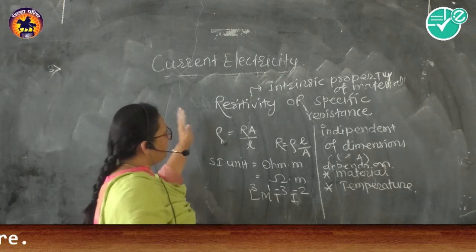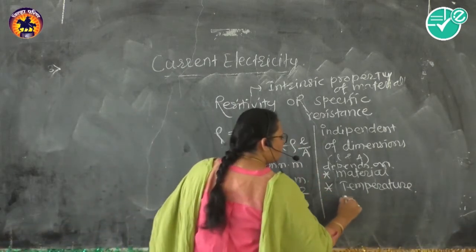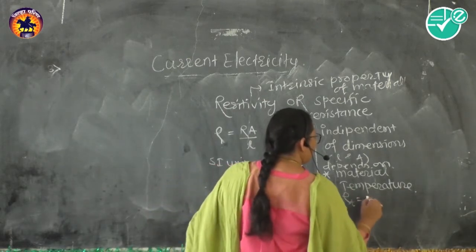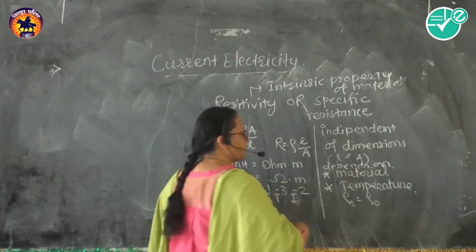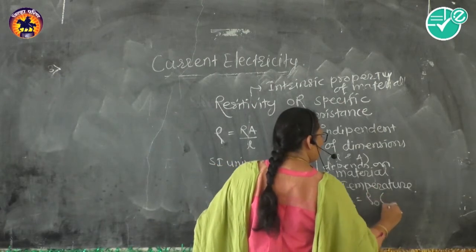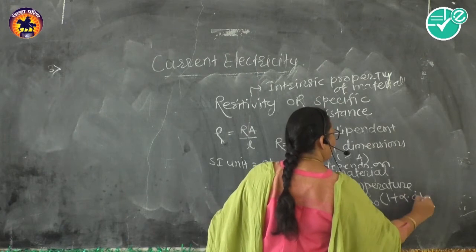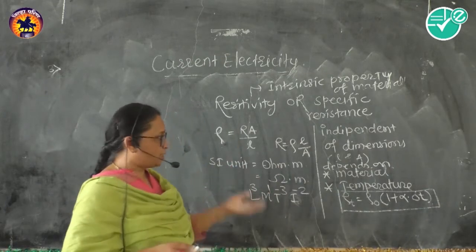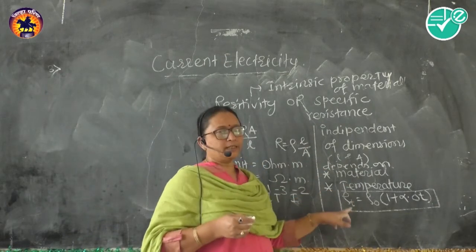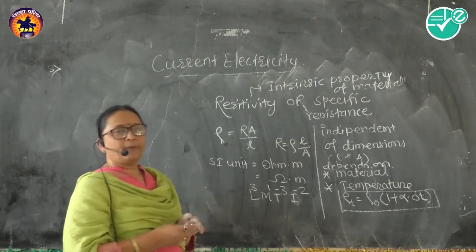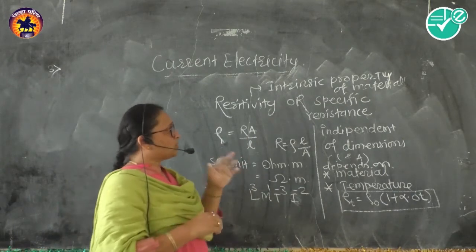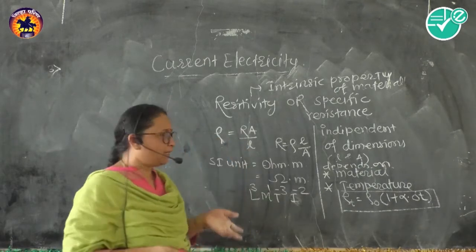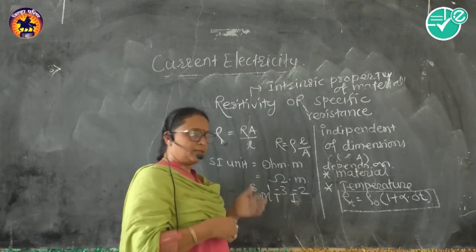We can write a relation similar to resistance as rho T. If this is the resistivity at any temperature T, then it is related to the resistivity at 0 degree centigrade as rho 0 into 1 plus alpha into delta T. So this is the relation for the change in resistivity at any temperature T. So this is the dependence of resistivity. Most of the time resistance as well as resistivity are directly related with temperature, graphically also.